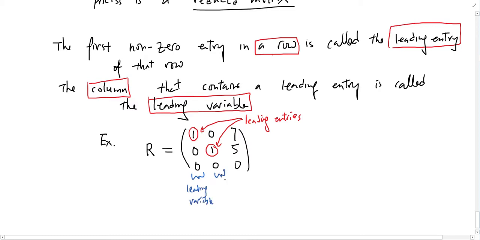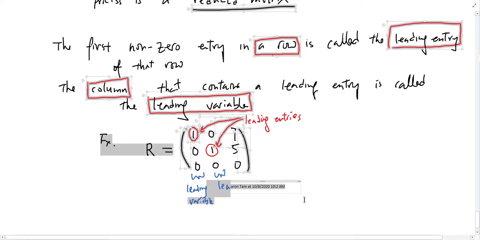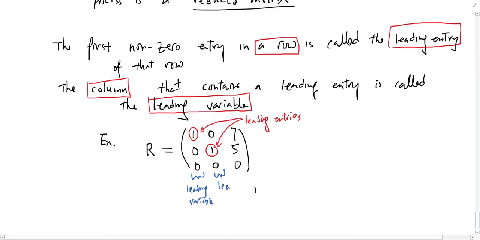And column number 2 also contains a leading entry, so it is also a leading variable. Now, what happens to the third column? The third column is often referred to as a non-leading variable.